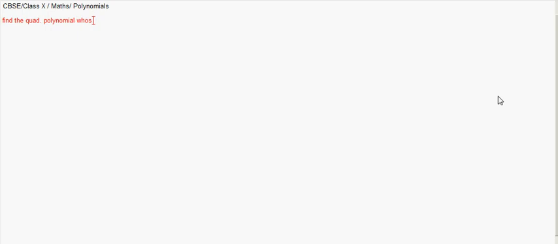This is the other way around question. The zeros are given as 3 plus root 5 by 2 and 3 minus root 5 by 2.